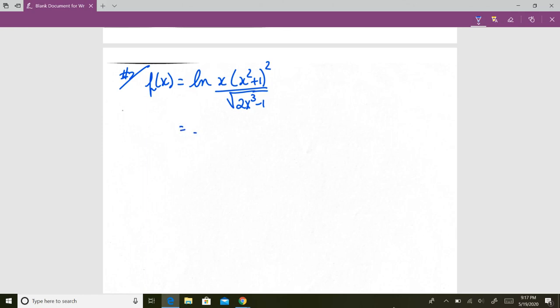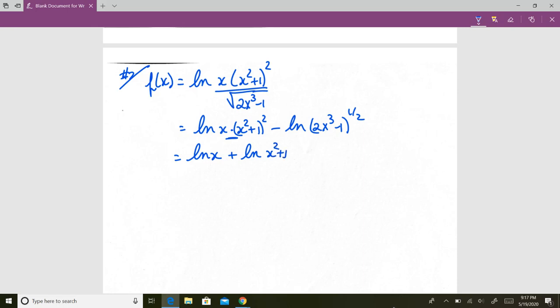We are dividing, so this is equivalent to this. And I'm going to get rid of that square root and write it to the power of 1/2. And these 2 are being multiplied, so I'll break them up. I'm going to drop the 1/2 down.